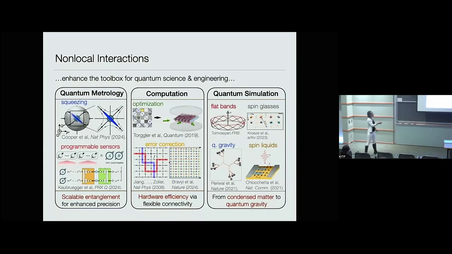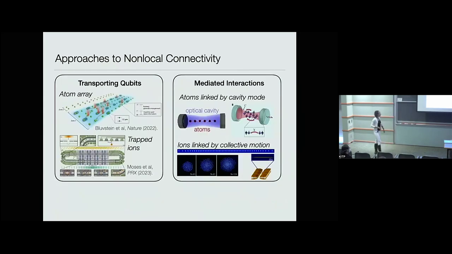So those are all directions that one might like to go by having some quantum system with programmable non-local connectivity. Broadly speaking, there are two main classes of approaches to doing this. One of them is to move your atoms around in order to go from something that physically is local connectivity, but effectively is non-local. Or the other one is to have atoms coupled to a single delocalized mode of light.